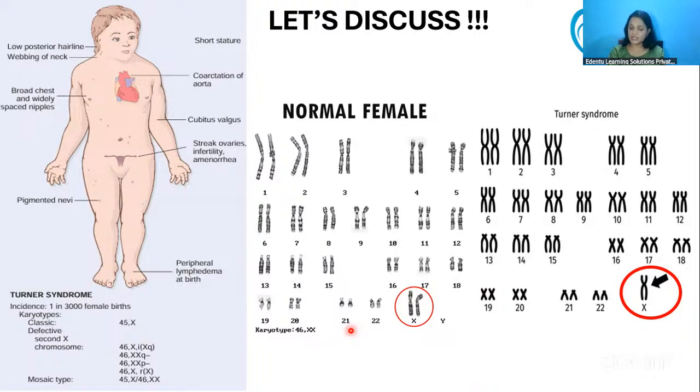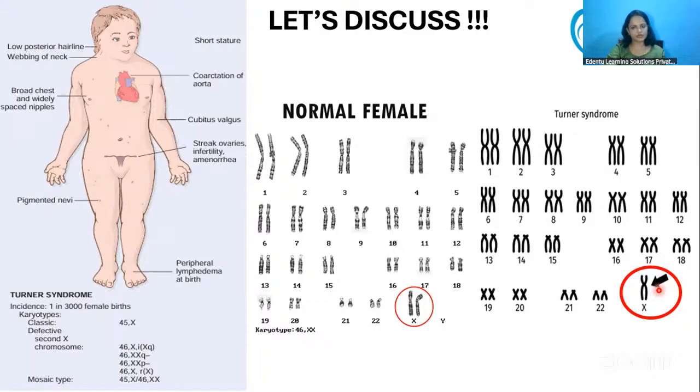But in case of Turner syndrome, what is happening is that in the sex chromosomes, there will be absence of one X, or even if the X is present, it will be highly inactive. That will lead to a syndrome called Turner syndrome.